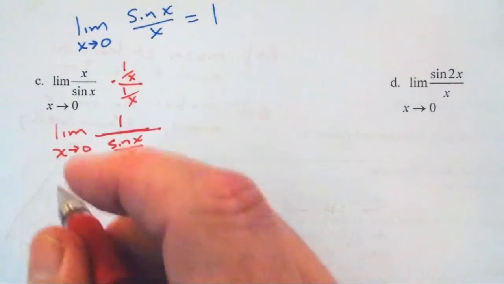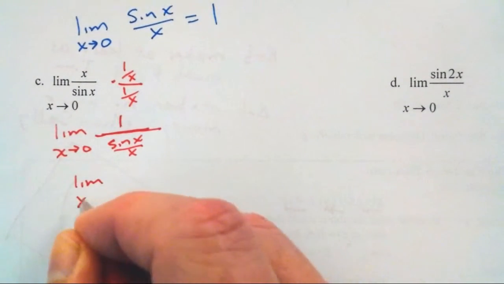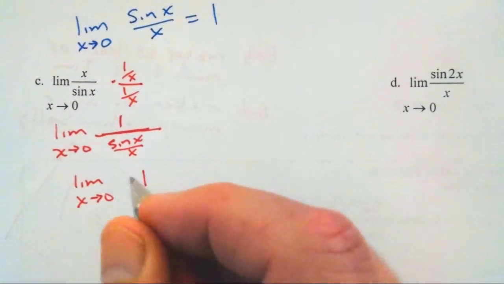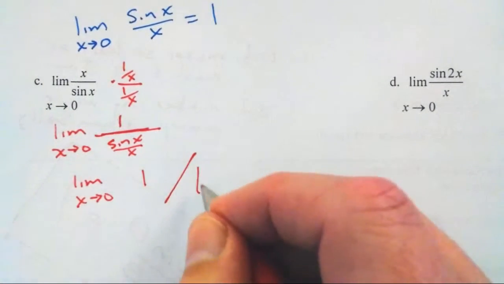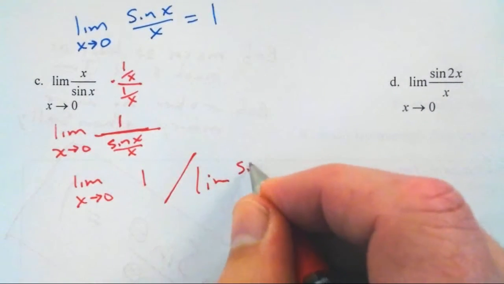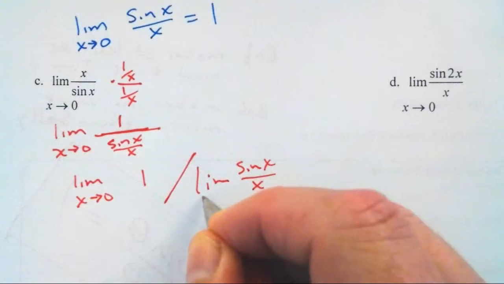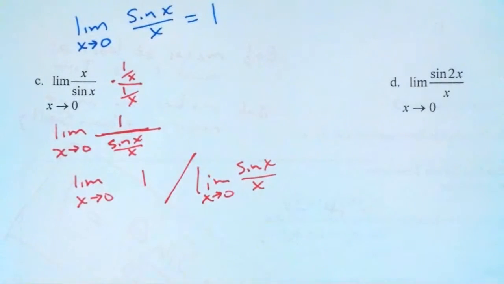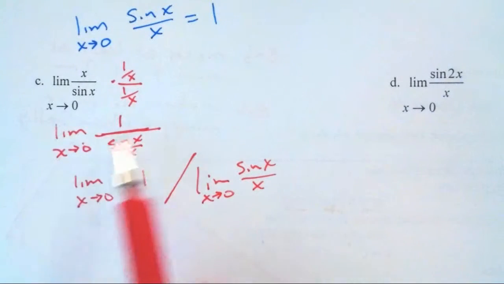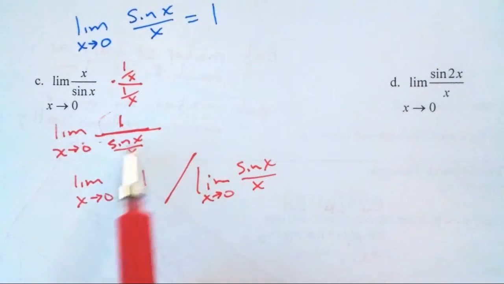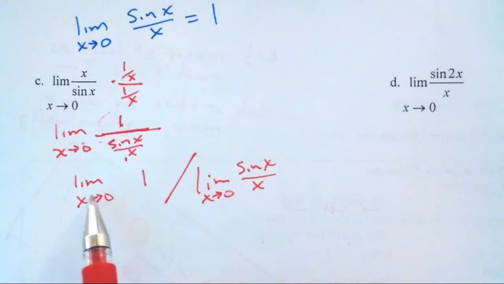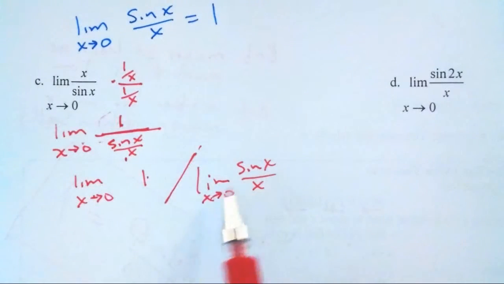So this is just limit as x approaches 0 of 1 divided by limit of sine of x on x as x approaches 0. You with me? The limit of a quotient, 1 over this, is the limit of the 1 divided by the limit of this.